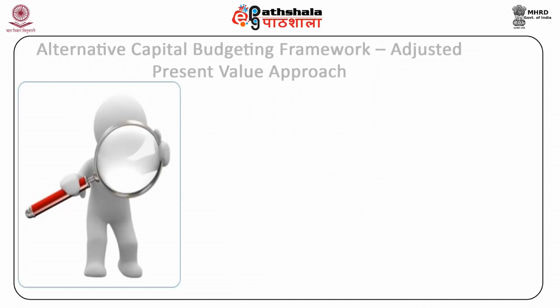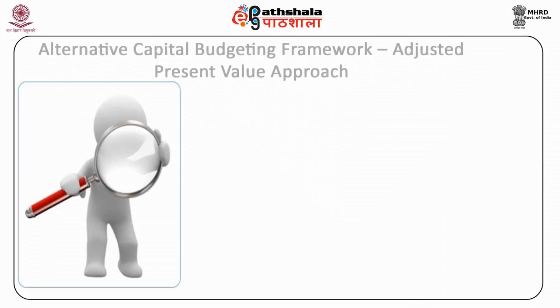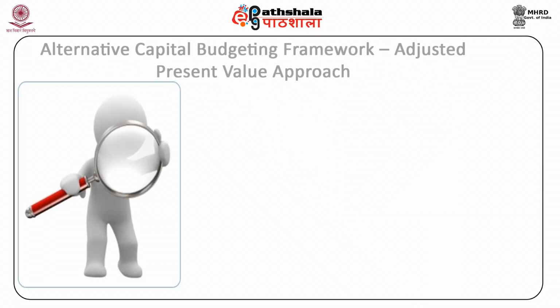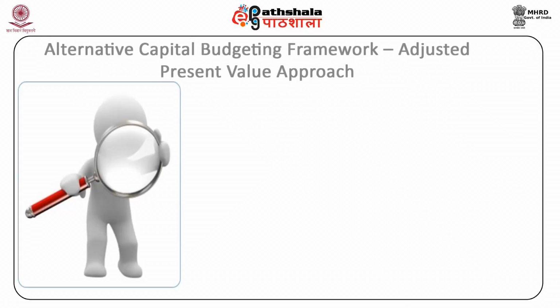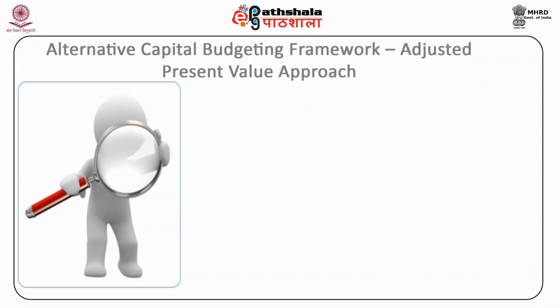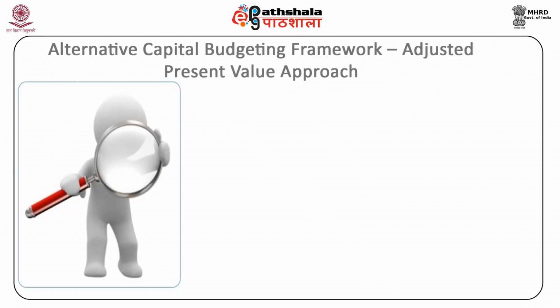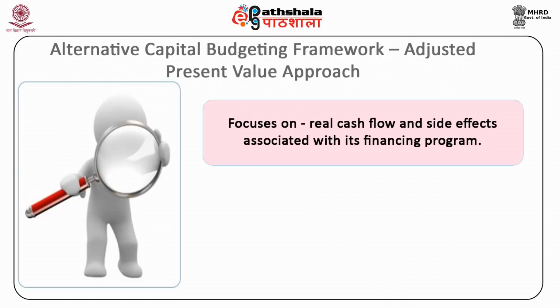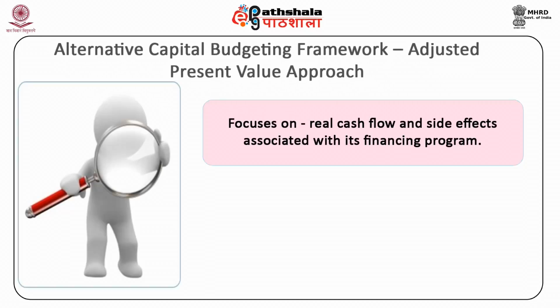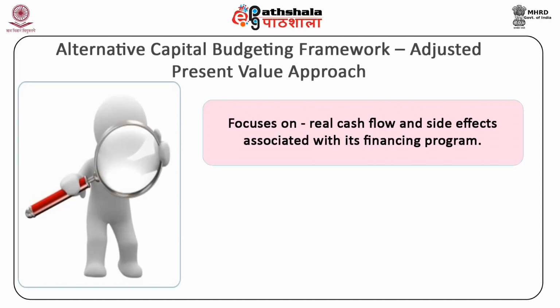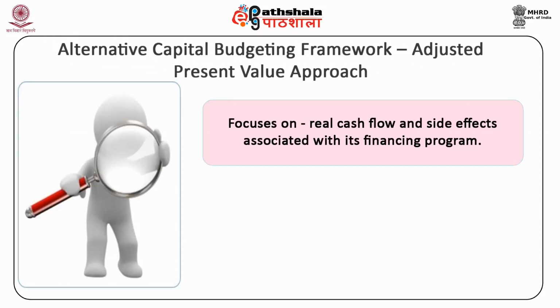The benefit of APV is that it breaks down the value of the project itself, as if it is totally equity financed or totally debt financed. Thus, APV focuses on two main categories of cash flow, which are real cash flow and side effects associated with its financing program.